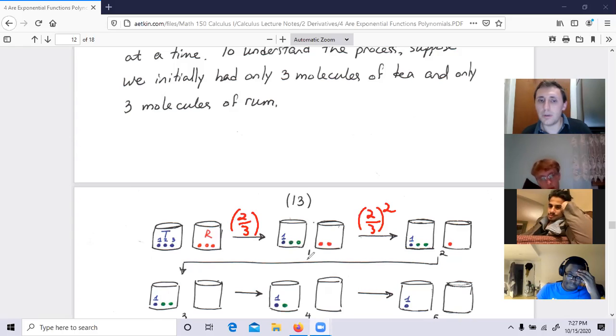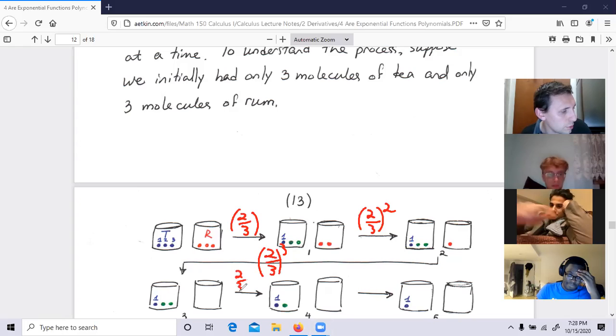Then what's the probability it survives the next sampling? This 2/3 squared means it survived the first and second sampling. What's the probability of surviving the next? Cubed. Very good. 2/3 cubed. And then the probability it survives here is 2/3.